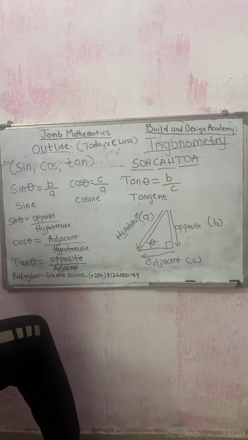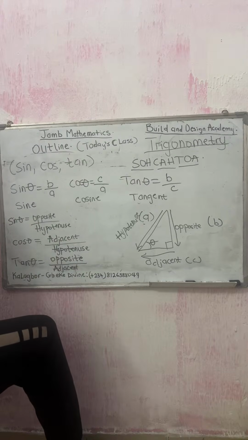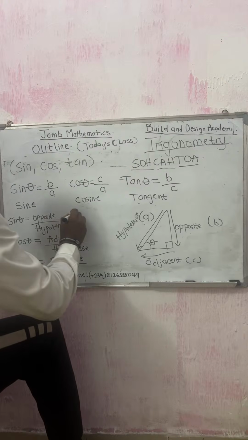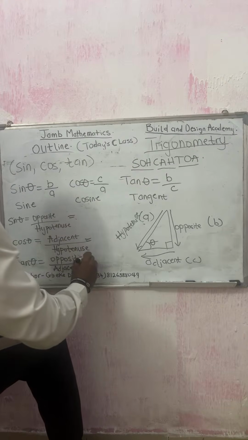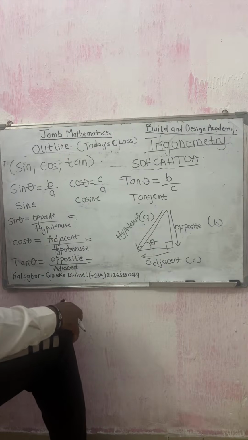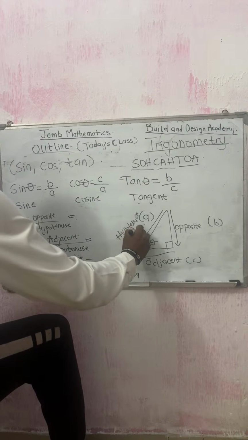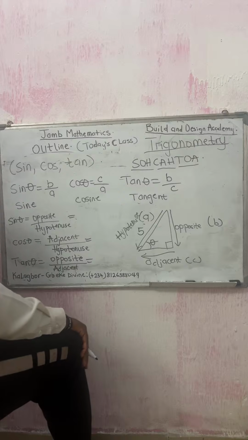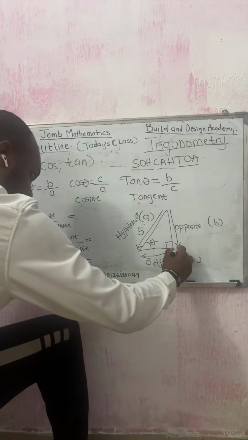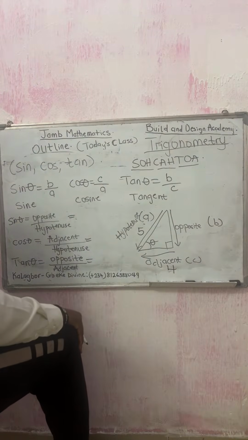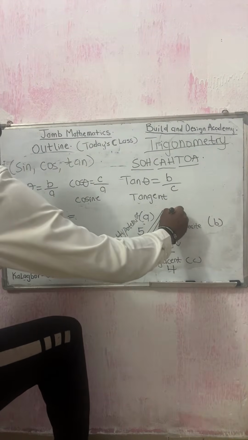So this is what they represent. This is what the word represents. So if we're given numbers, let's say our hypotenuse is equal to 5, then our adjacent is equal to 4, and our opposite was equal to 3.